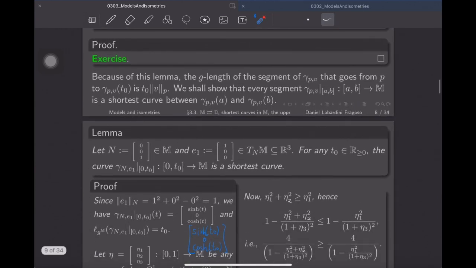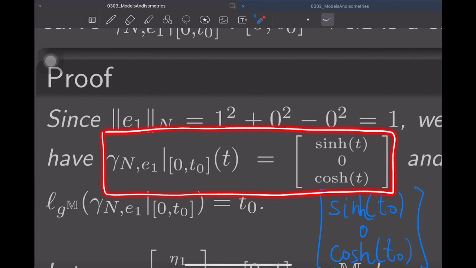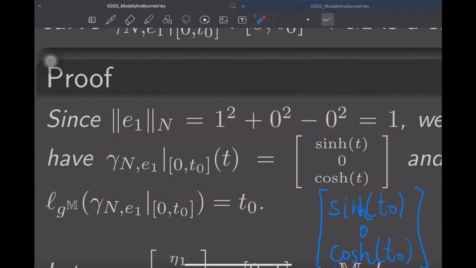And now I want you to notice this. This here is the correspondence rule for my curve, and you see it really is, you see, y is equal to 0, so I'm really kind of sitting only in the xz plane, and in the xz plane, well, it's precisely a hyperbola, right?